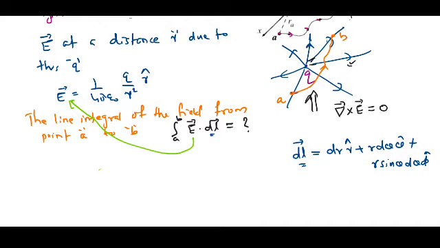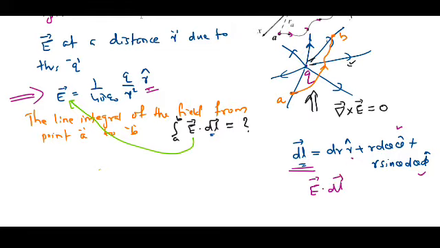But here the electric field has only the r component. If you see the expression for the electric field, it has only the r component. And in the expression for the length element, the components except r cap, that is theta and phi, will not be present while taking the E dot dl.